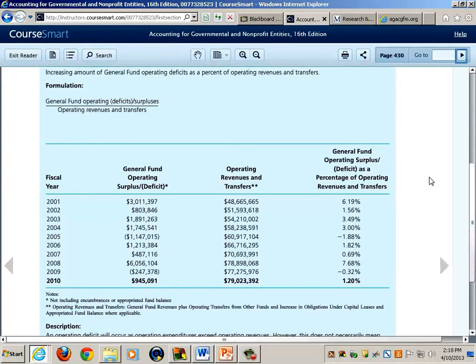I don't expect you to know that, okay. It's an accounting firm which came up with this methodology for how to evaluate financial condition. It's proprietary, but it's got some things which are not the best. So we will skip that.